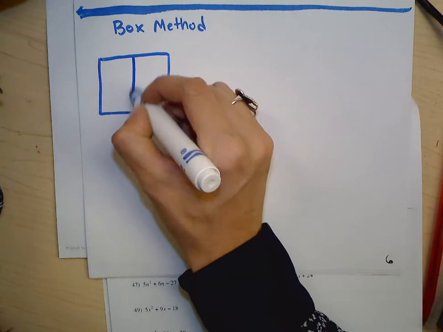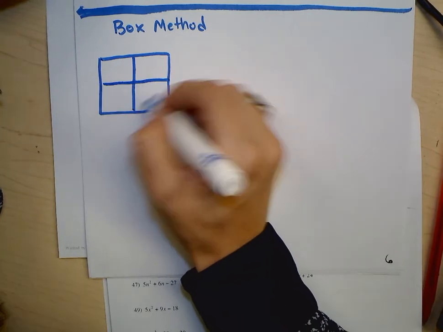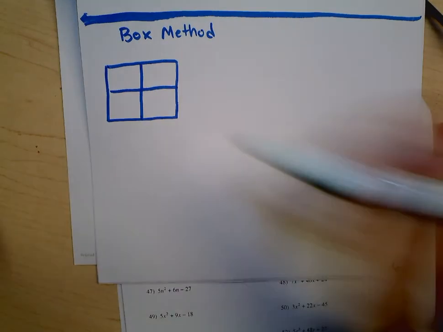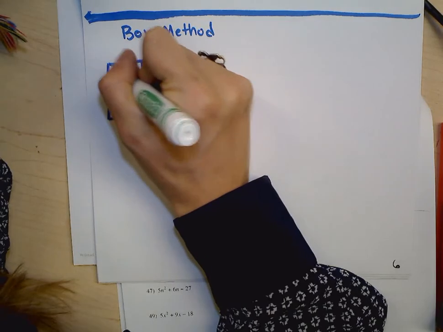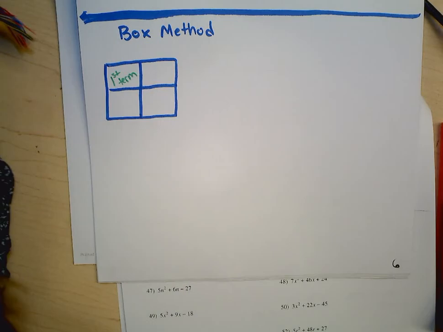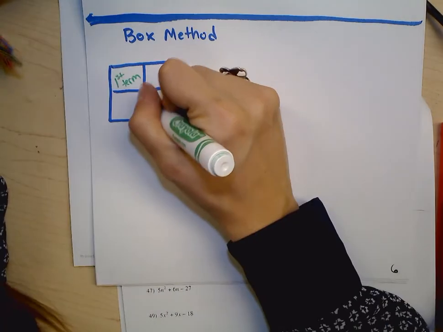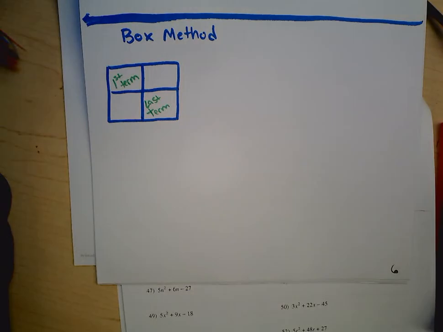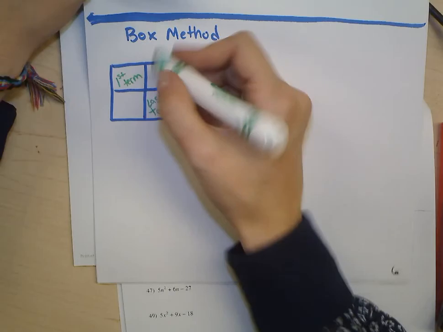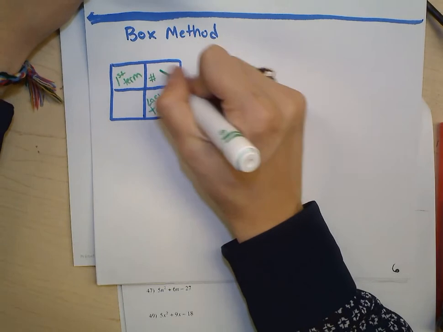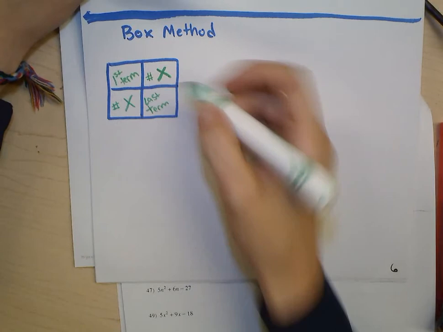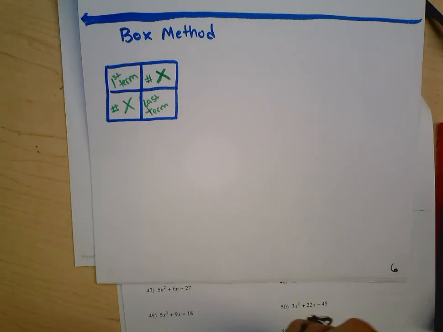So I have a four-cube box like this, and we're going to have the first term in the upper left hand box, the last term in the lower right hand box, and then whatever number we get, add the X. Now that probably makes no sense to you, but I'm hoping that it will after we go through this example.